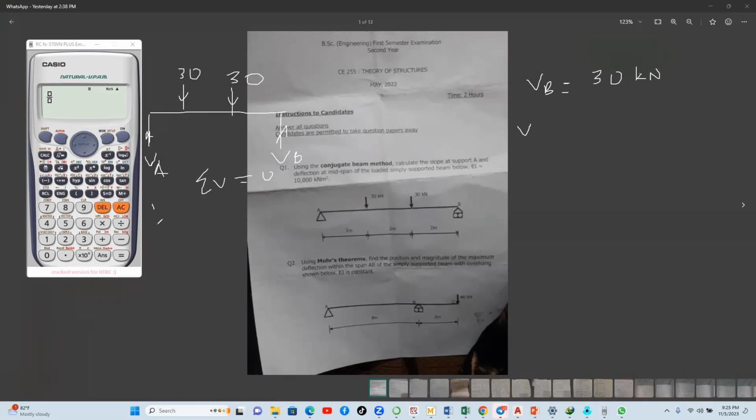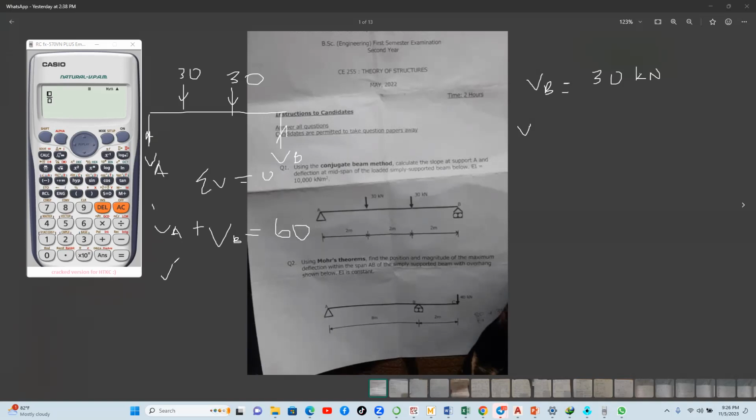From there we had VA plus VB equal to 60.